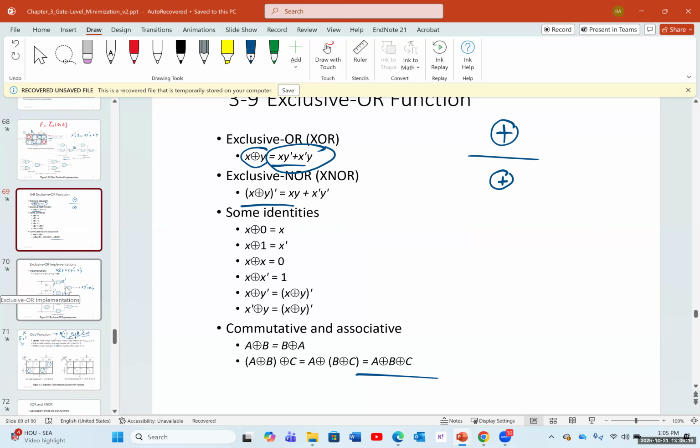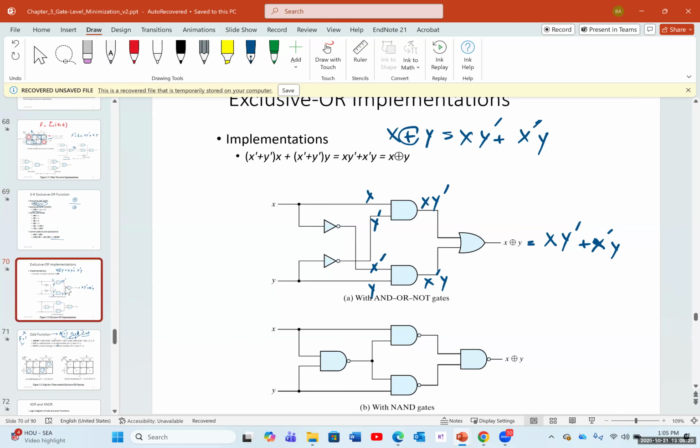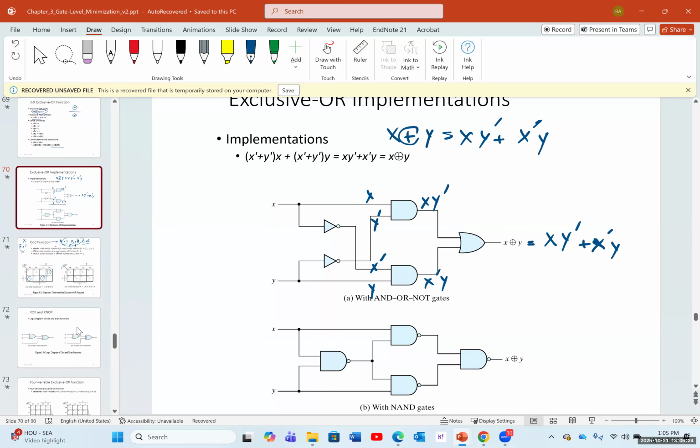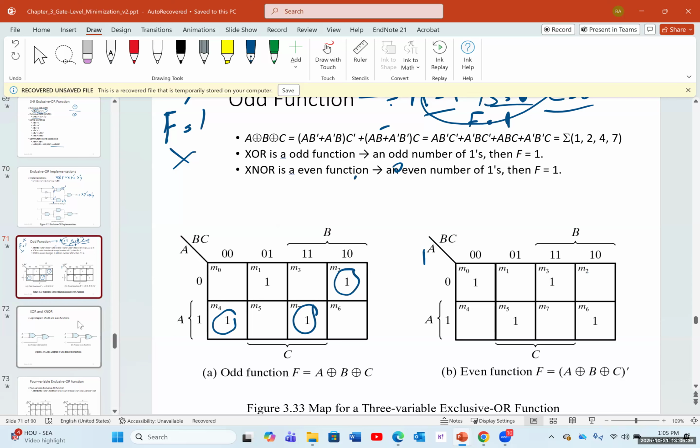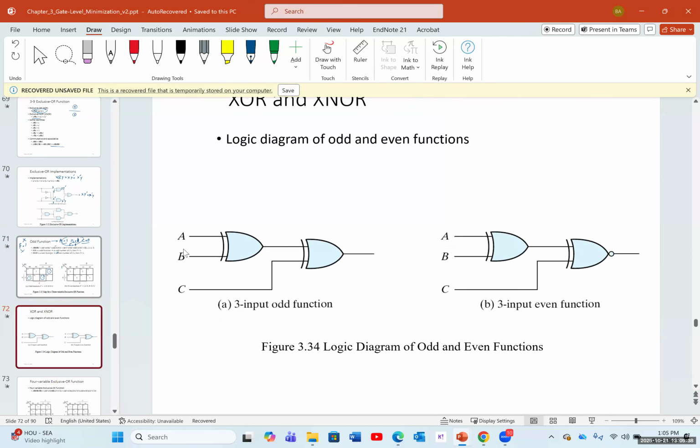And we showed how exclusive OR works and how exclusive NOR works. But what we explained in the previous one was with 2 inputs. We had only 2 inputs. And here, we're going to explain how we have it with 3 inputs.